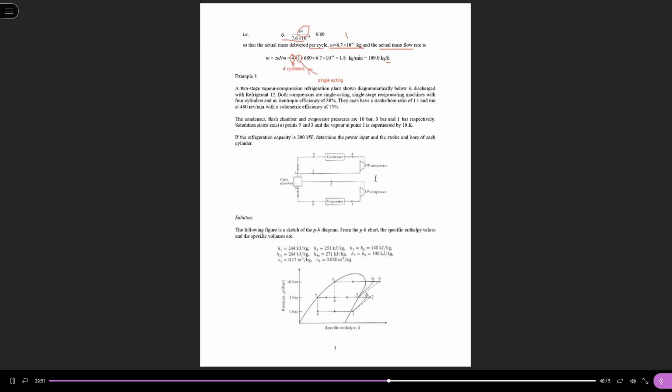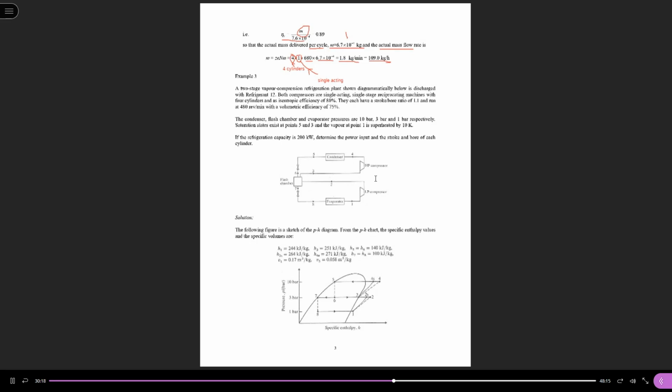In 1 minute, how many cycles? This is per cycle, so the result will be per minute, the induced mass flow rate. Then we want to get it per hour.